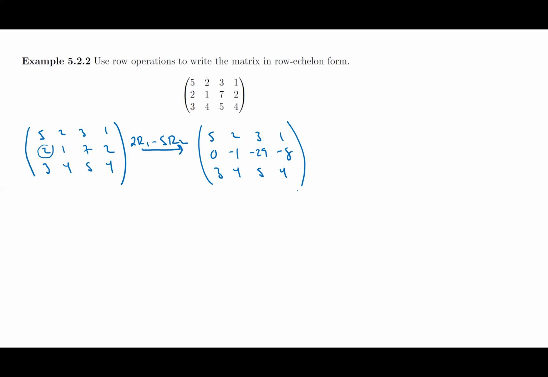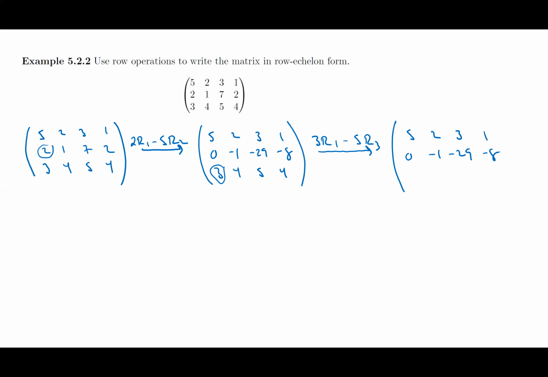All right, next, let's make this 3 a 0. So to do that, I'm going to take advantage of row 1 again. I'm gonna say 3 times row 1 minus 5 times row 3. Okay, so we have 5, 2, 3, 1, 0, negative 1, negative 29, negative 8.